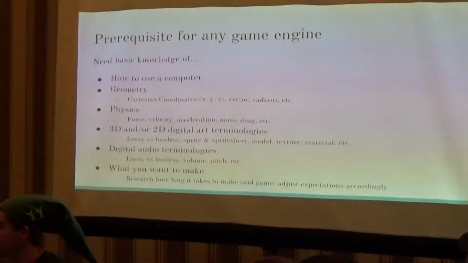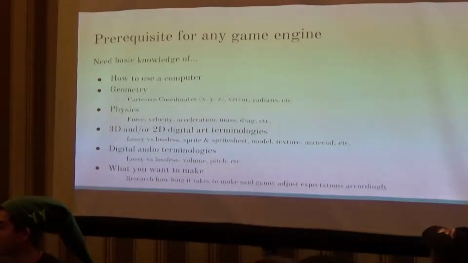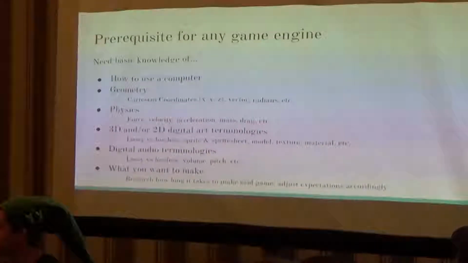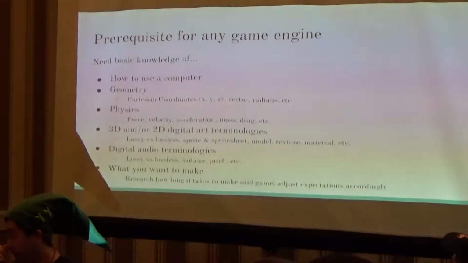All right. But one thing to add that's really important about this slide is that all of this comes with experience also. There's a ton of terminology that you definitely won't know when you first start getting into game engines, even the really big, quote-unquote easy ones.